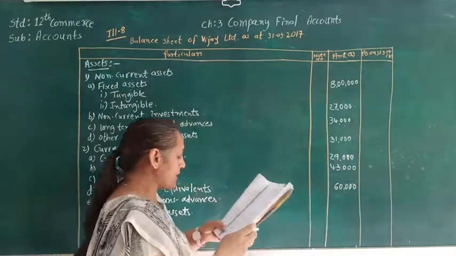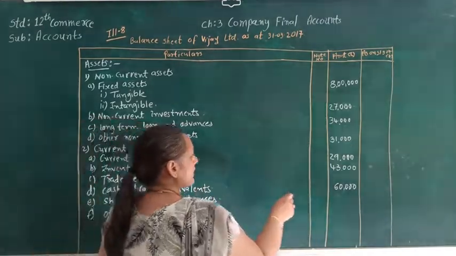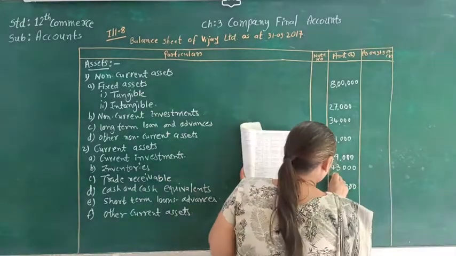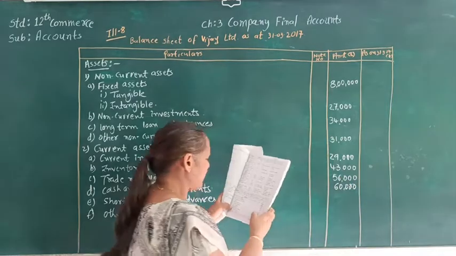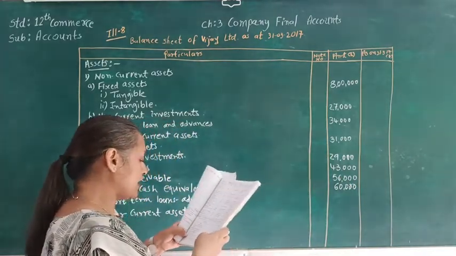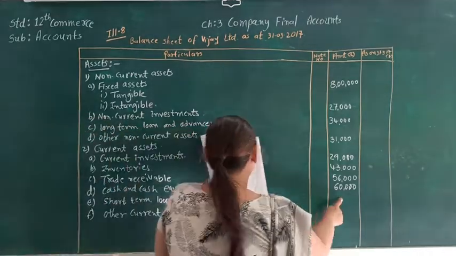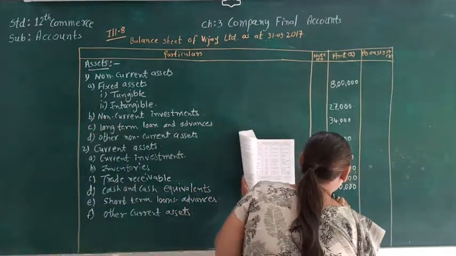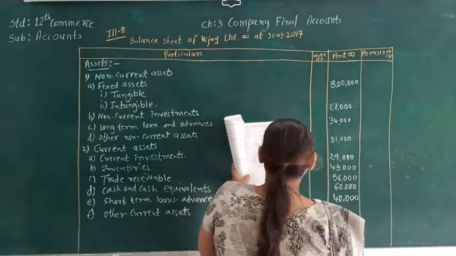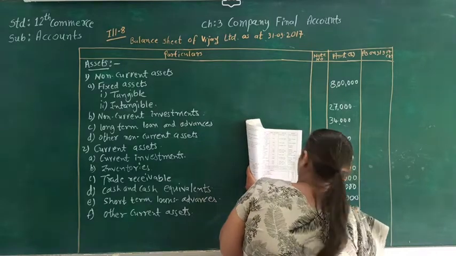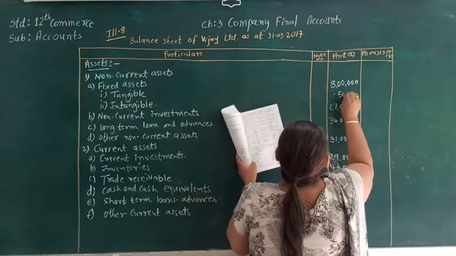After current investment, another asset given to us is trade receivable, and trade receivable is 56,000. And after trade receivable, other is a short-term loan and advances. So that will be short-term loan and advances is 40,000. And then other current asset will be 10,000. And intangible asset will be 50,000.